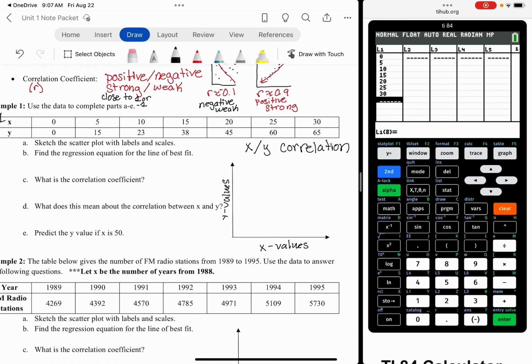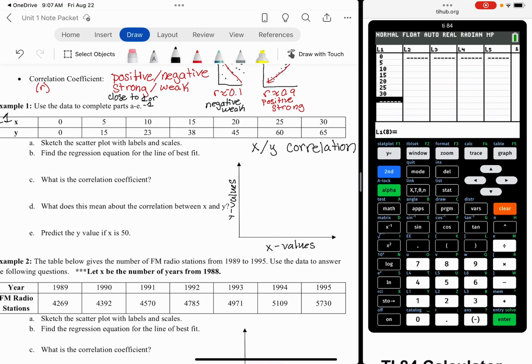Now, when you type them in, you want to make sure you go back and double check your list just to make sure you have all the numbers correct, because this can mess up your answers when you go to analyze the information. Okay, so then list 2 is going to be our Y values. We have 0, 15, 23, 38, 45, 60, and 65.